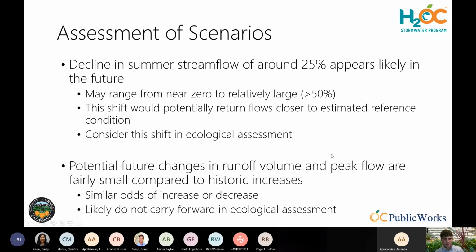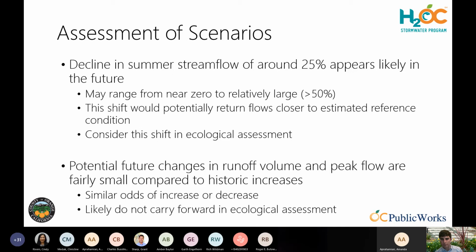So that's just going to summarize the same thing that I just said, which is potentially the most clear signal coming out of these scenario analyses is that it seems likely that there would be some reduction in summer stream flow, with the number being about 25%, but with quite a bit of error bounds around that in moving into the future.